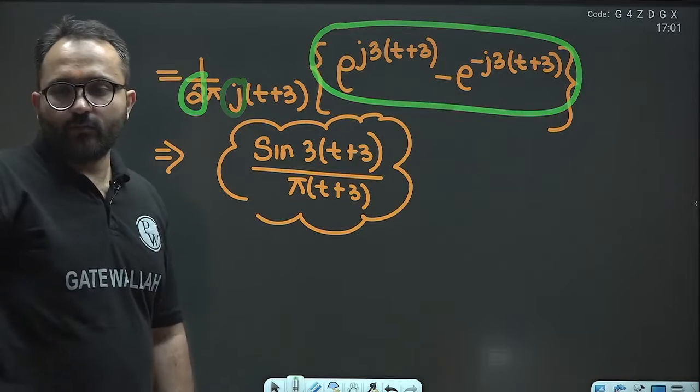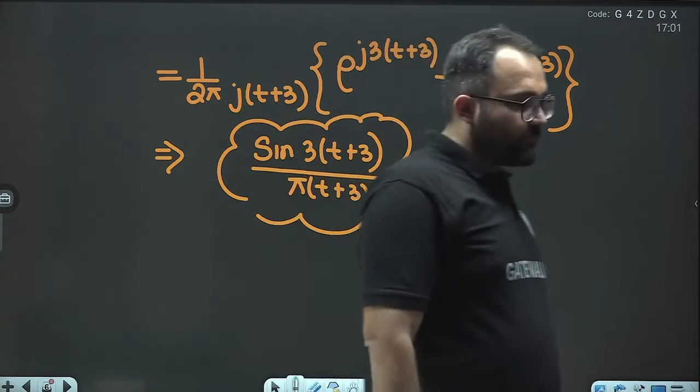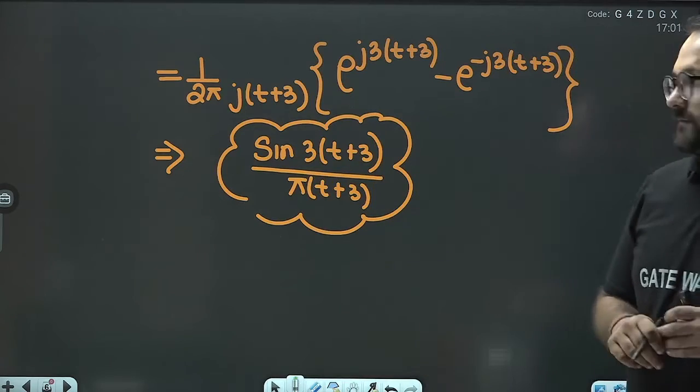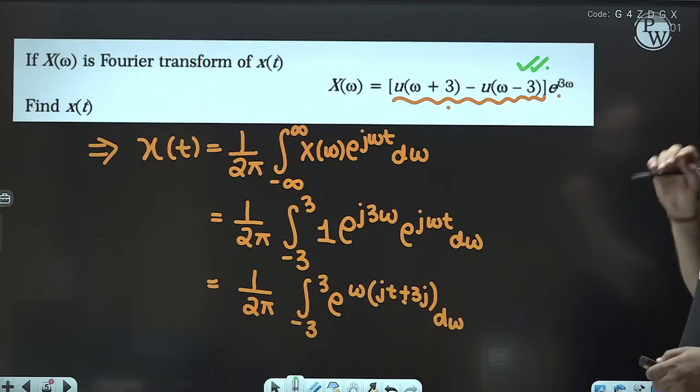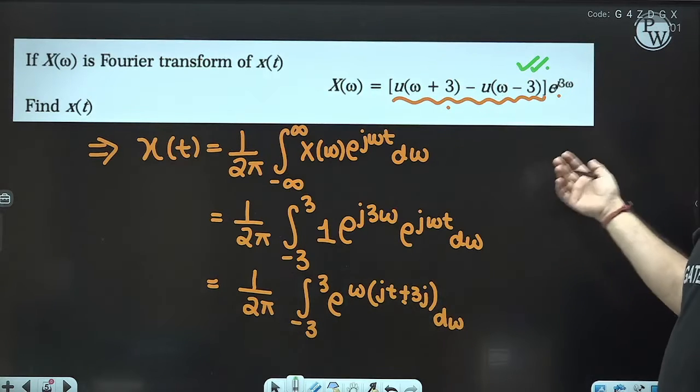I hope all of you are able to get this. This is the result that is very important. So this is the Fourier transform, and we have to apply the formula.